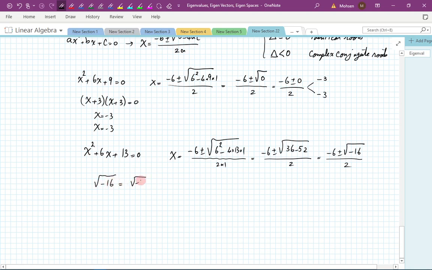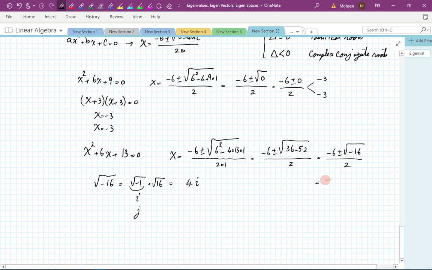It's minus 1 in the radical. We write it as i in mathematics. In engineering they like j because i is reserved for current in electricity. This becomes 4i.